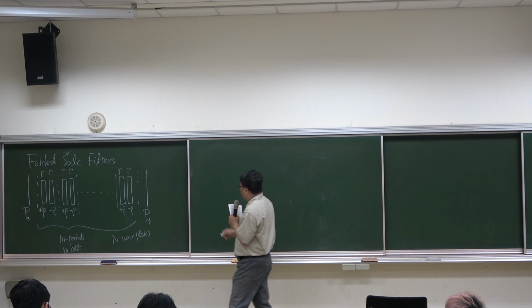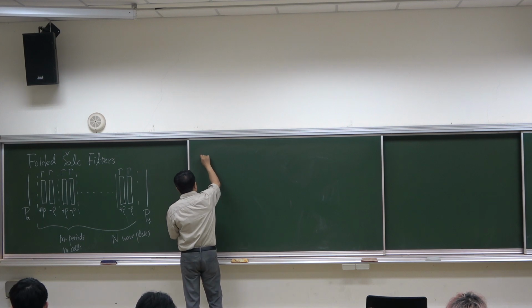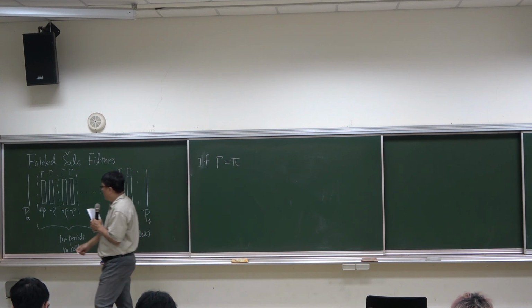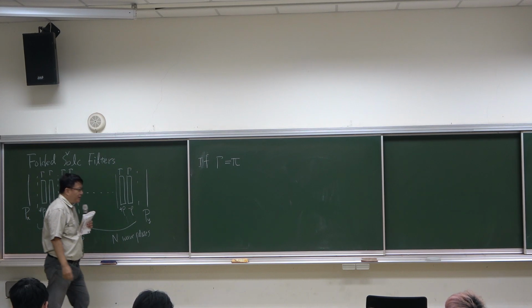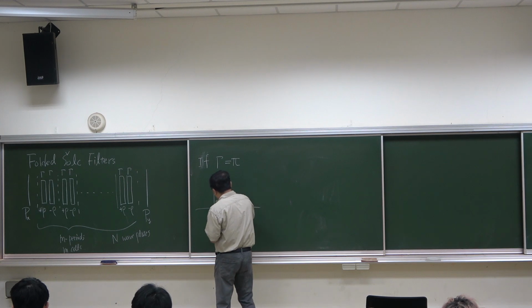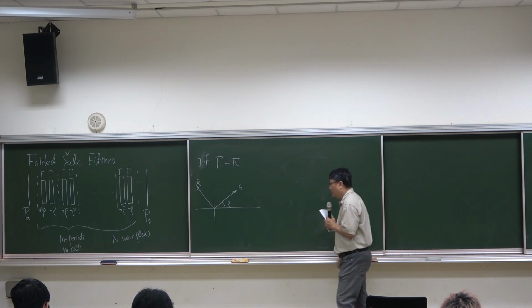Then we consider the special case that gamma is equal to pi. We have already explained that suppose we have a slow axis along this direction, say rho.